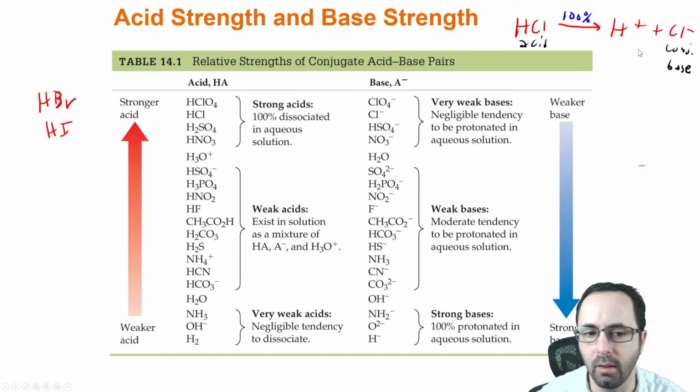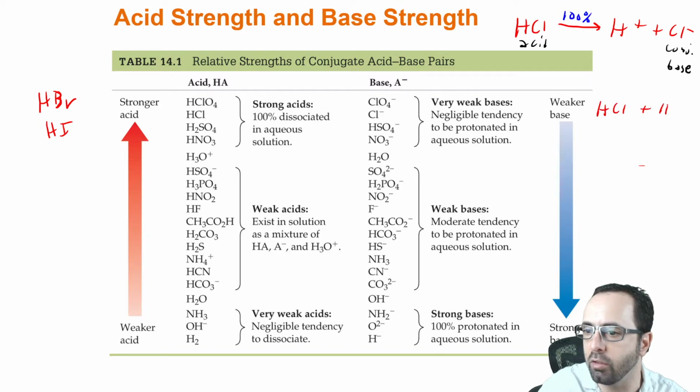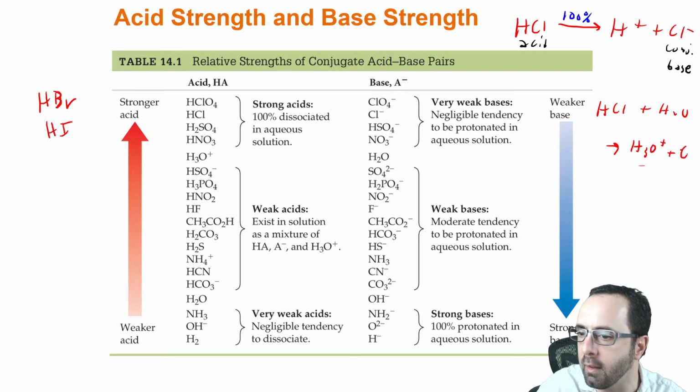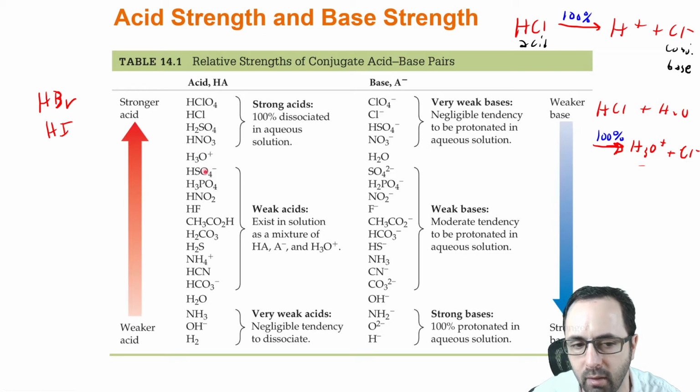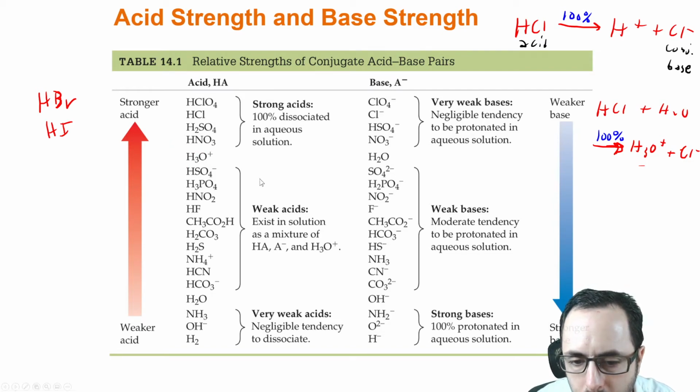If we were rewriting this with the hydronium, it would be HCl plus H2O creates hydronium and Cl-, and this would be 100%. So any acid that is stronger than hydronium is going to 100% make hydronium, and hydronium will be the strongest acid that can be present in water.